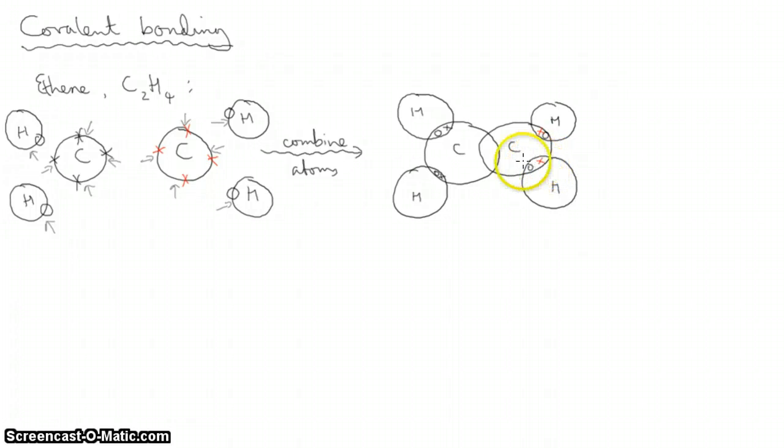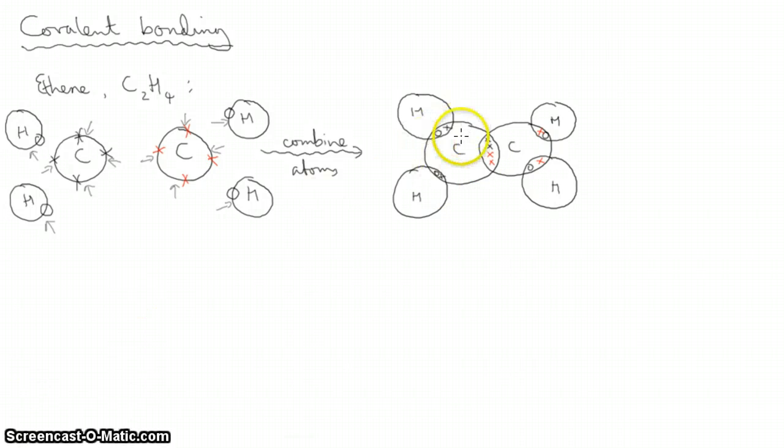But this leaves each carbon with 2 electrons unused. But each needs 4 electrons given to it to make the 8 for the complete shell. Now at the moment each has only got 2. So what they have to do is share the 2 that haven't used yet with each other.